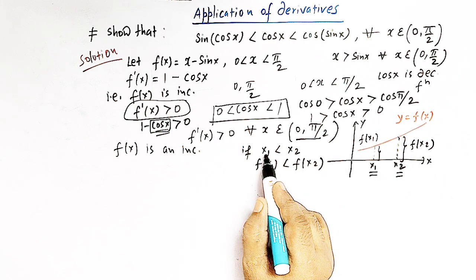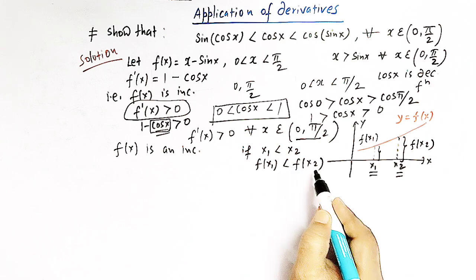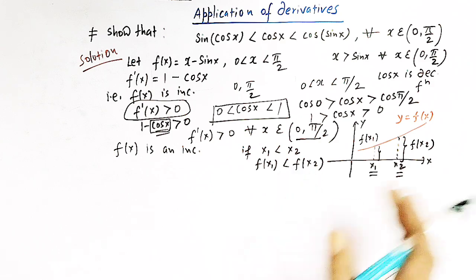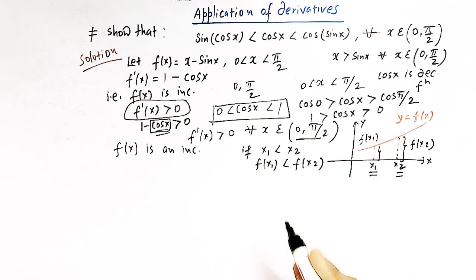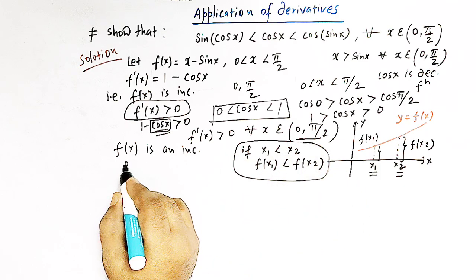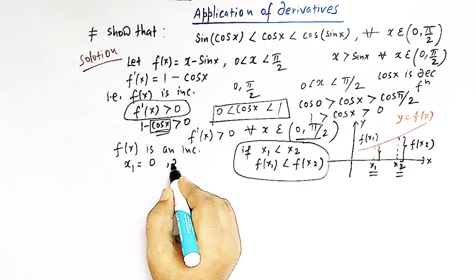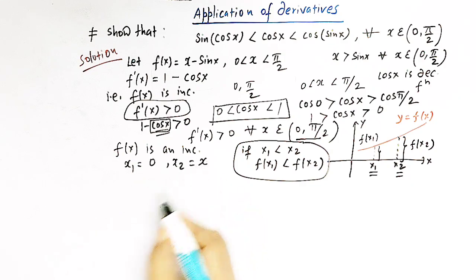So when x1 is less than x2, f of x1 is also less than f of x2 for a strictly increasing function. So here I will use this concept, and we'll take x1 is equal to say 0 and x2 is equal to x.